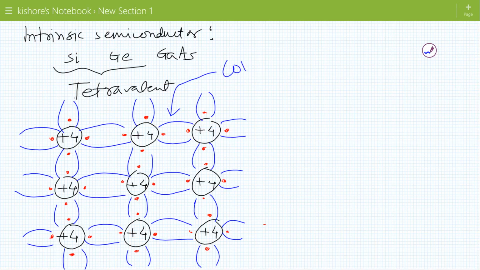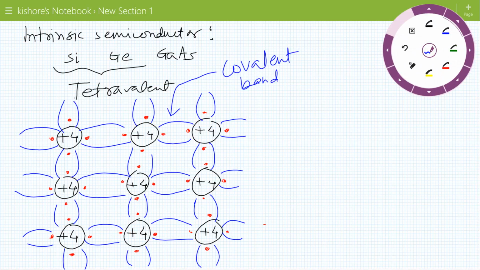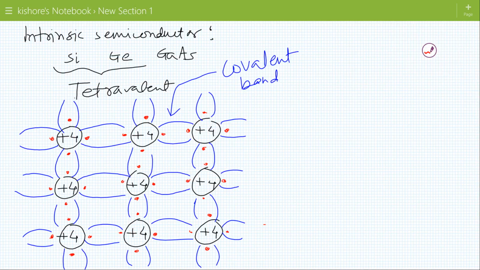This is a covalent bond, and these electrons are valence electrons.